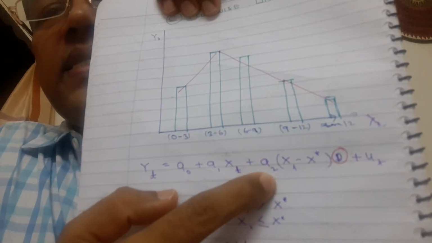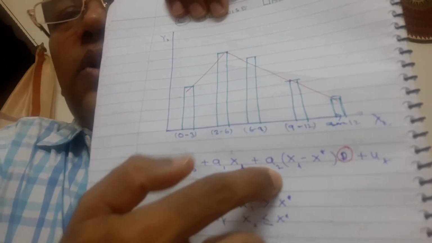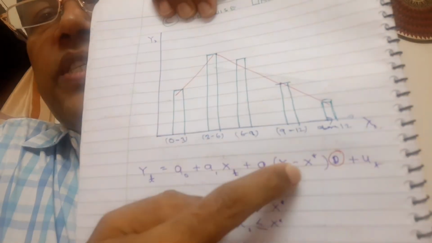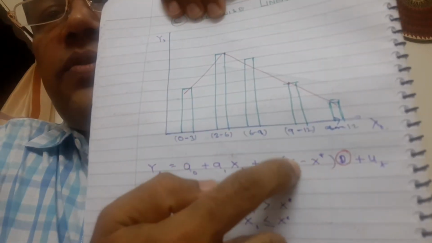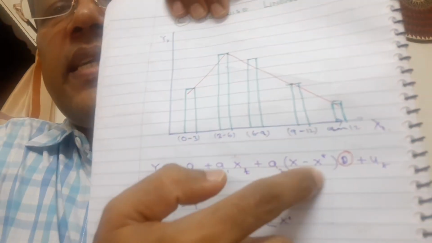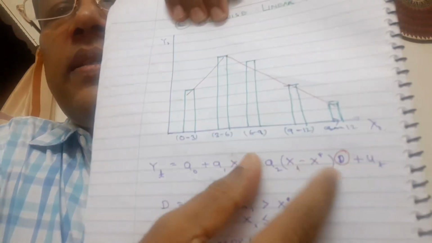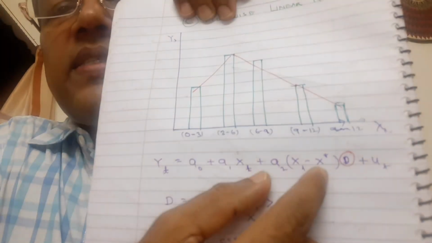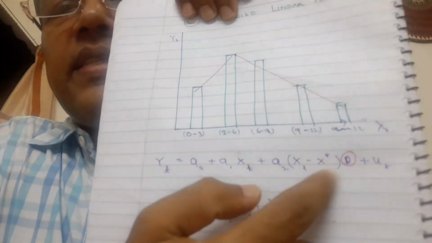What it suggests is that for all those values of xt lower than x star, D will be 0. Because D is 0, this entire term, A2 times xt minus x star multiplied by D, becomes 0.